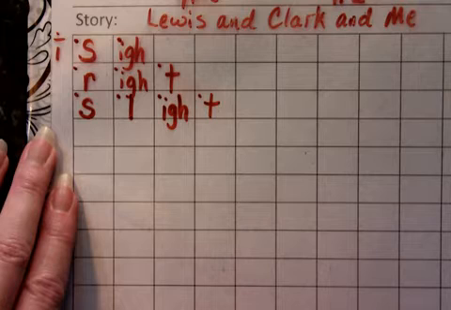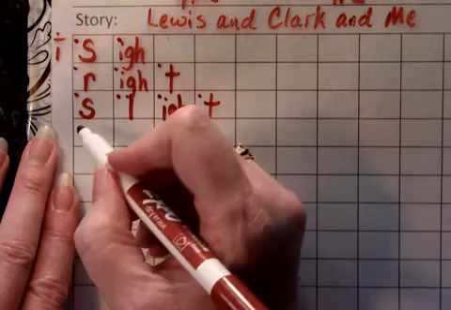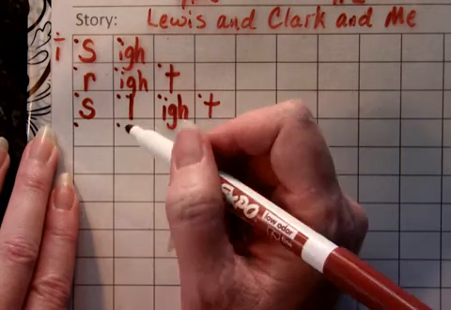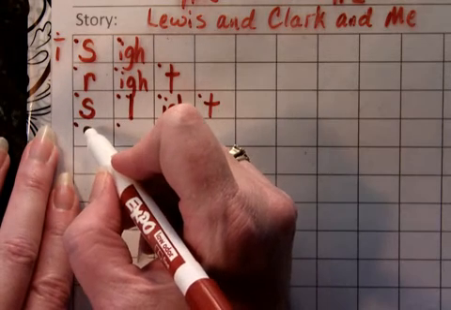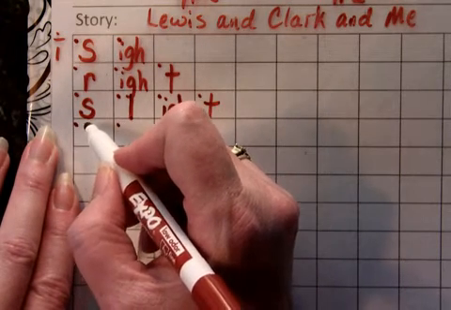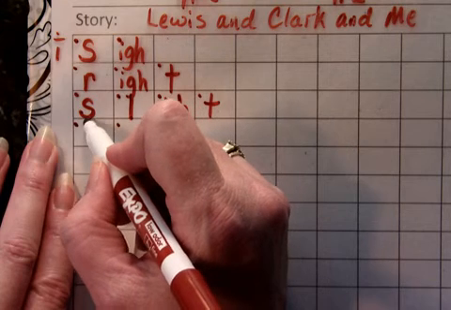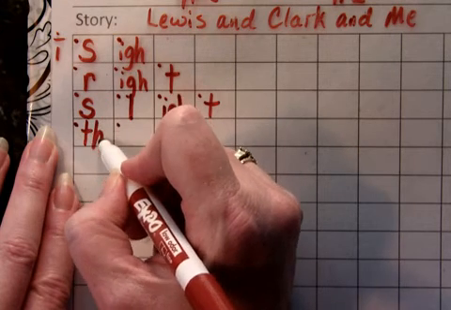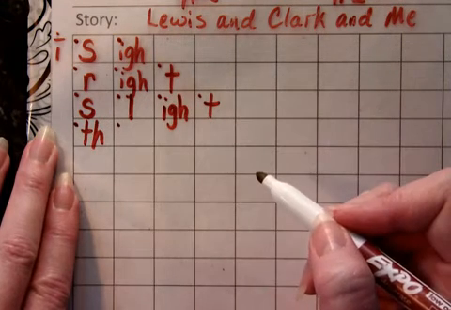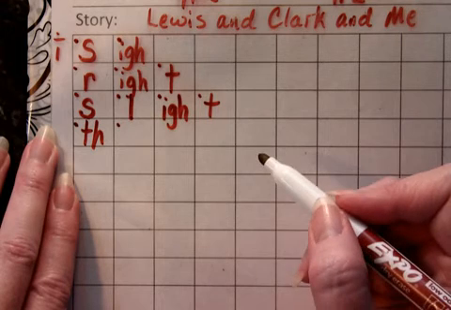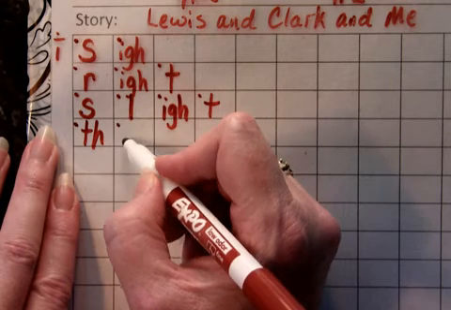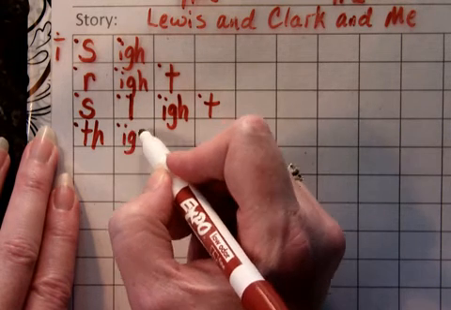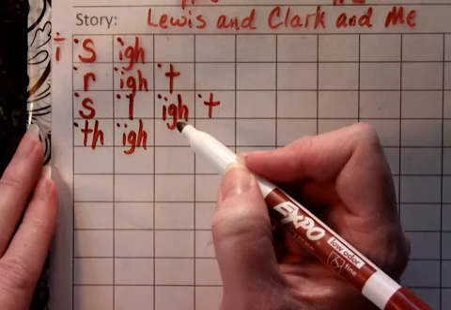The next word is thigh. The ball hit my thigh. My tongue is out, the air is quiet. That's the voiceless TH. TH goes in one box because it's making one sound. The next sound is I, I-G-H, thigh.